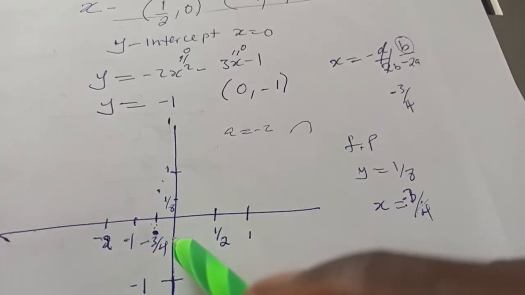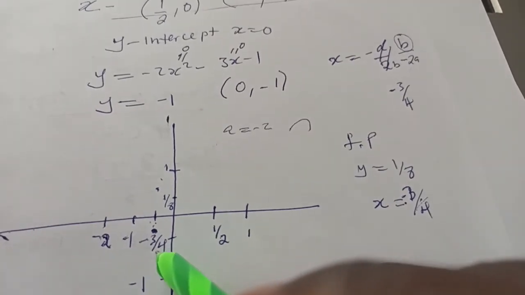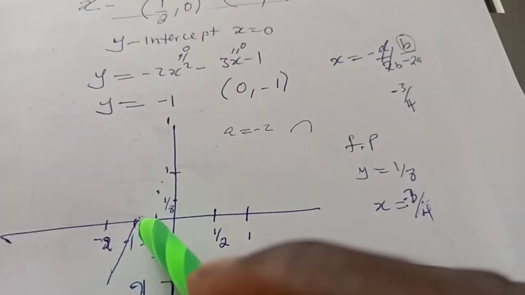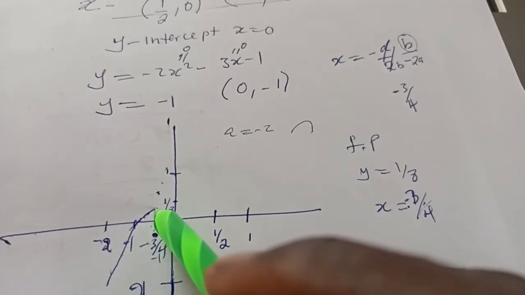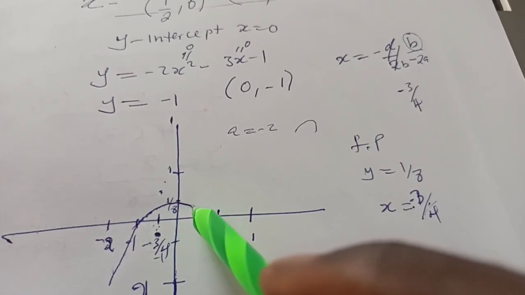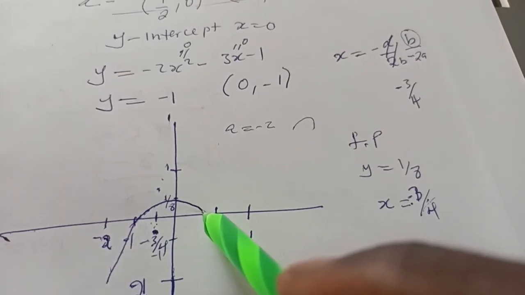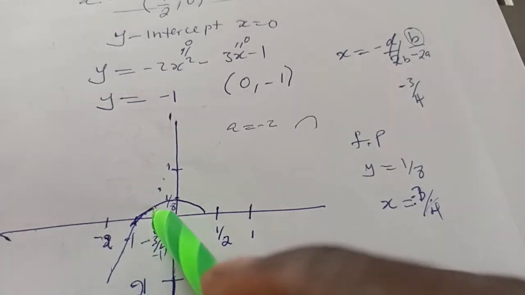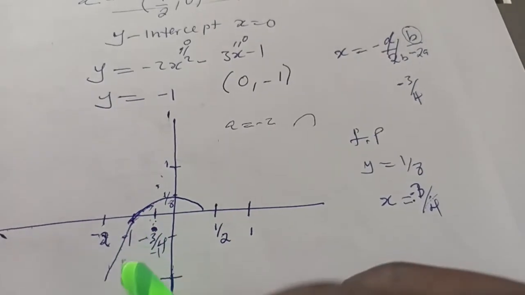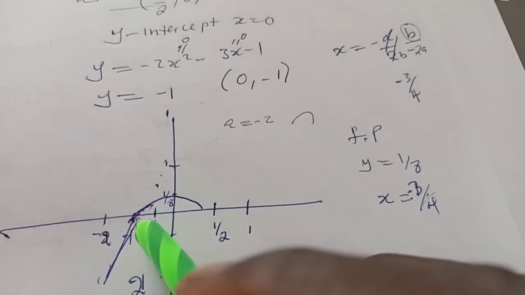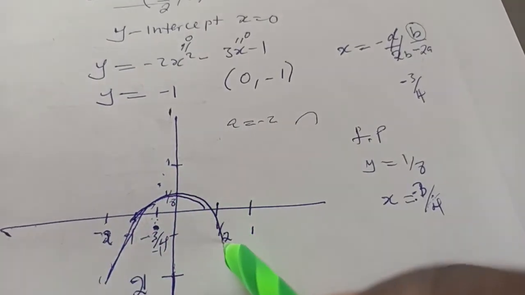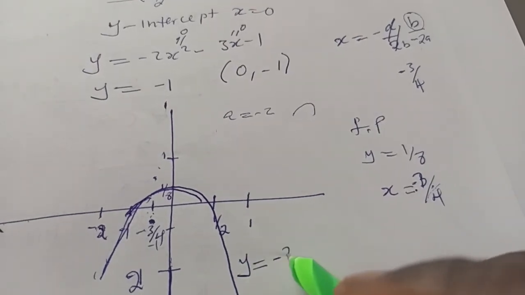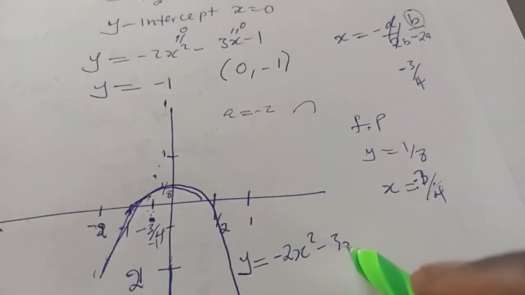Then the negative somewhere there, negative 1. They just say sketch, not to scale, but we want to draw it to scale. We're just sketching, but this is how it's supposed to be. So y is equal to negative 2x squared minus 3x minus 1.